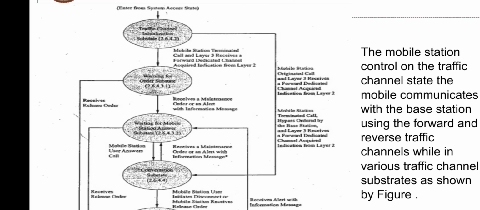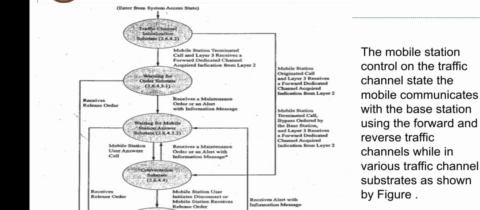Then in the waiting for order substate, it checks whether it receives a release order, a maintenance order, or an alert with information messages. If the channel is busy, it alerts and moves to the waiting for mobile station answer substate.